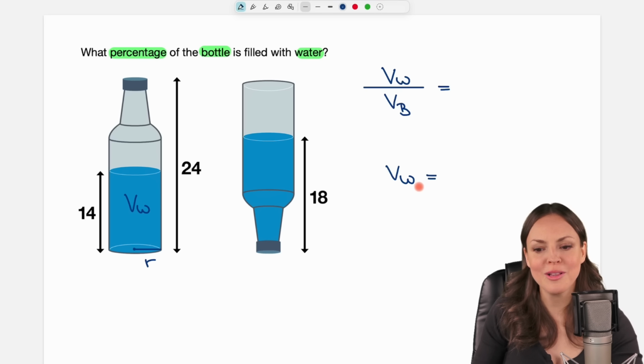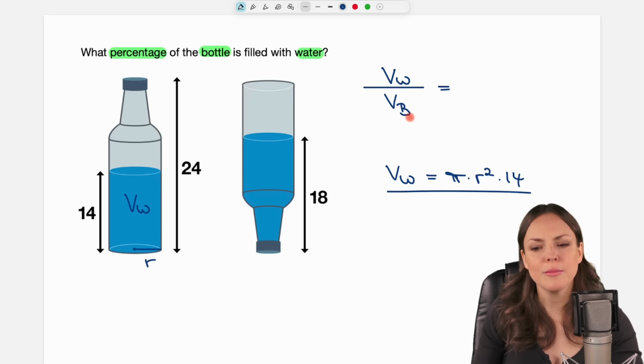The formula for the volume of a cylinder is the area of this circle, which is pi times the radius squared, multiplied by the height of your cylinder, which is 14 in our case. So this would be the volume of our water.